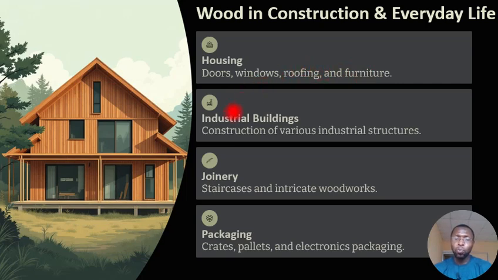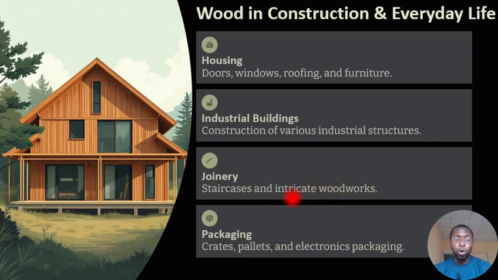Aside from that, we also use wood for industrial buildings. Various constructions in the industries are made of wood. And then we use wood for joineries. When we say joinery, we talk about staircases. So we have wooden staircases and also intricate woodworks.